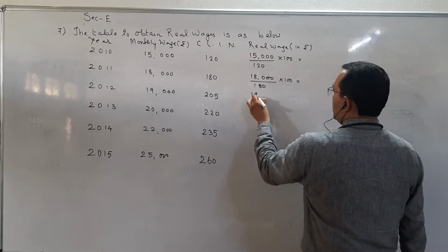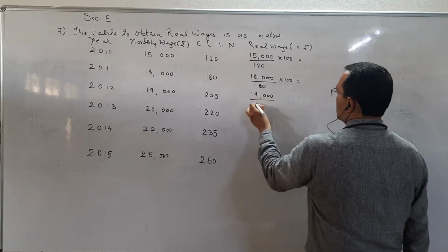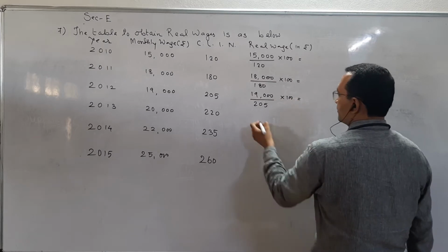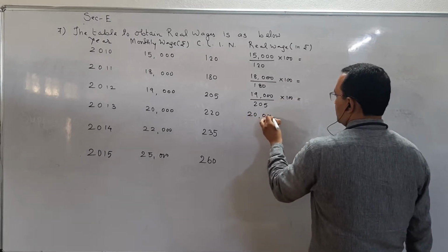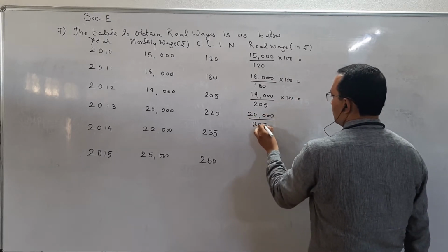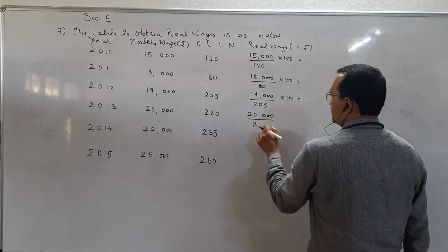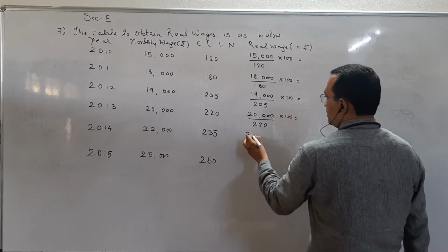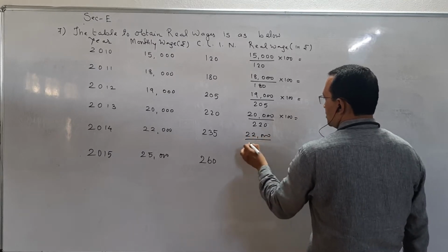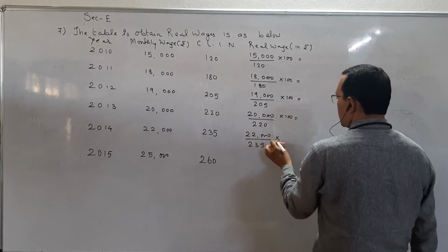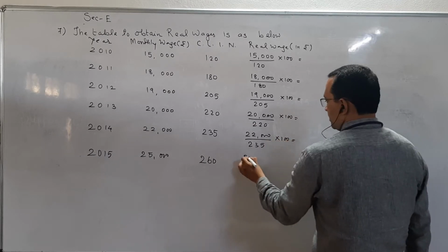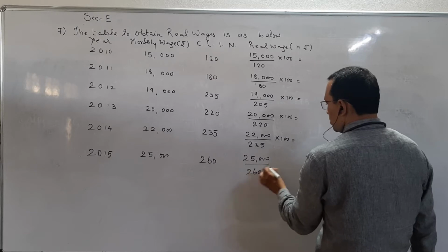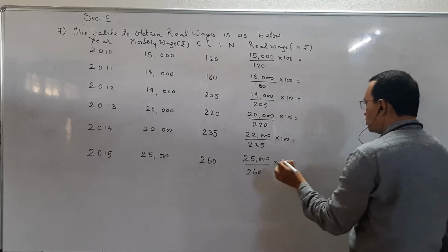Then 19,000 upon 205 into 100. Then 20,000 upon 220 into 100. Then 22,000 upon 235 into 100. And last, 25,000 upon 260 into 100.